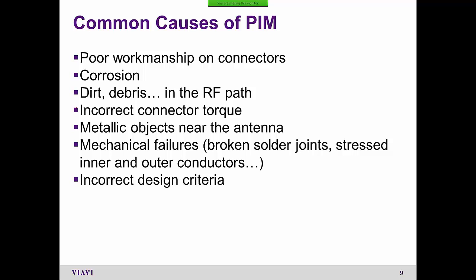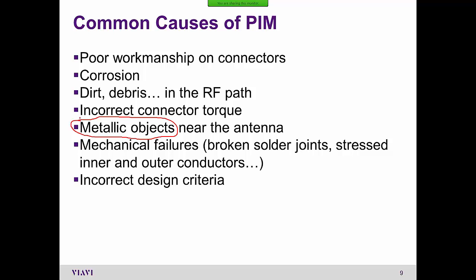PIM can actually be produced outside of an antenna, so if you have metallic or especially bimetal kinds of objects outside the antenna, that will produce PIM and actually go back into the antenna down the receive path. And I've done an awful lot of PIM testing in the past, and so I've seen things like mechanical failures, broken solder joints. Those aren't the norm, but they also can contribute to PIM.